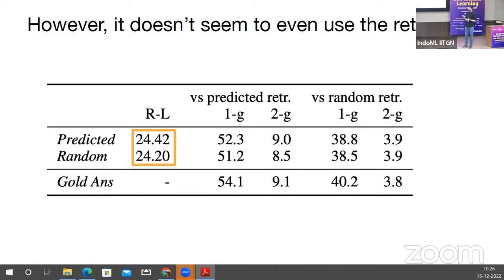So one thing that we wanted to know is, how is our model using the retrievals? Is it actually quoting text from the retrieved passages? How is this text useful in any way? So we did an experiment where at test time, we replaced the retrieved articles with completely random articles.